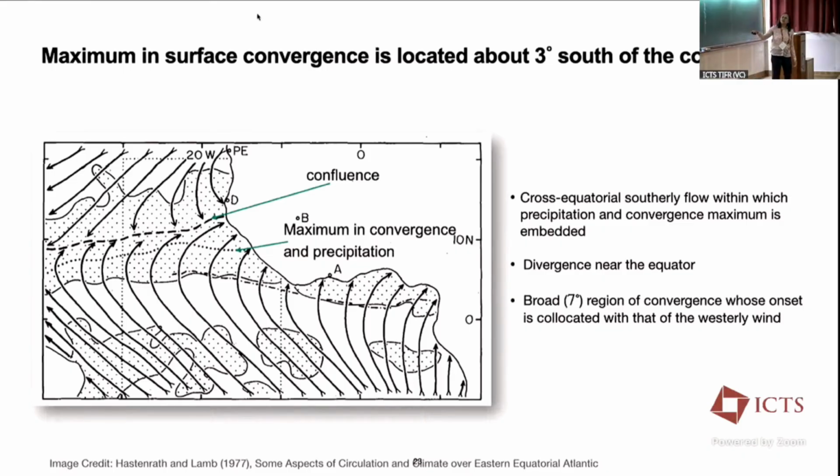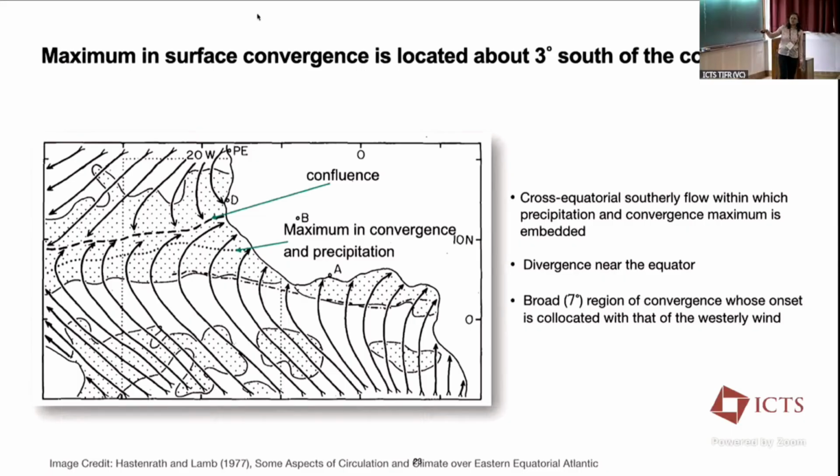And this is summarizing what the surface distribution of the winds is like. So you have the streamlines in the zonal-meridional direction. You have southeasterlies moving north, and they cross the equator, which is given here by 0. As they cross the equator, they turn more and more clockwise.